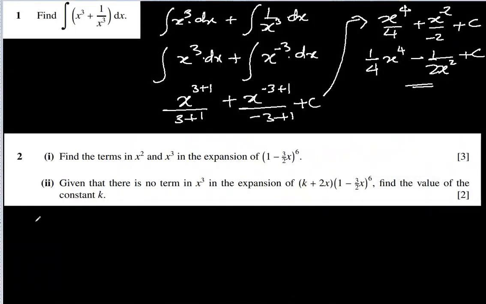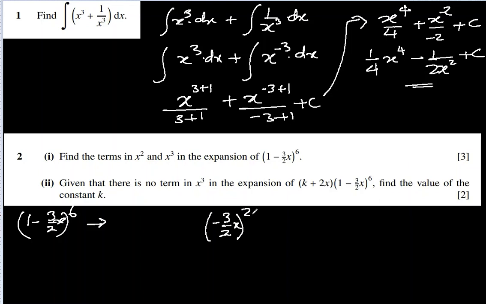So we'll write this way: 1 minus 3 over 2 x to the power 6. Now since we want x square only, we will focus only on the one which will give us x square. Minus 3 over 2 is our second term inside the bracket, x.